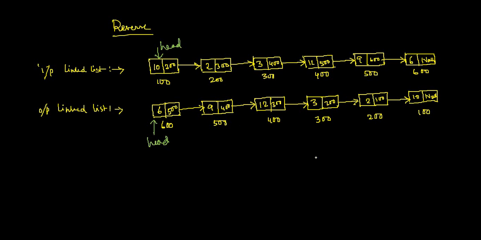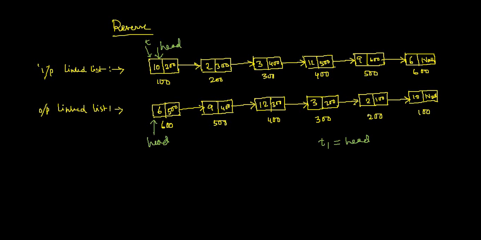So that means I consider T1, a temporary struct node pointer, obviously, which is equal to head. Okay, fine. I've kept it as T1. The problem is what to do? You see, if you compare the node of address 100 and the node of address 200, initially next of 100 was 200.